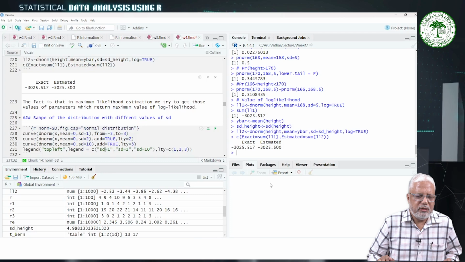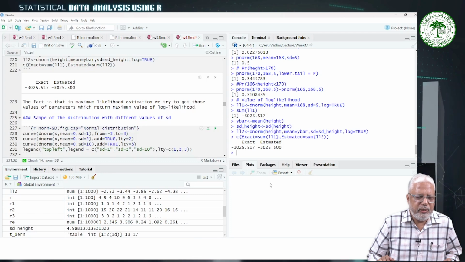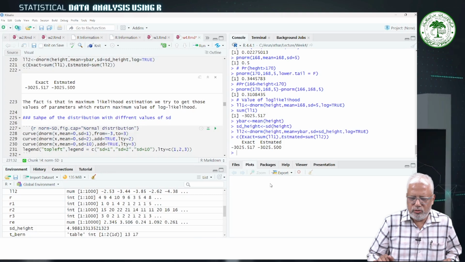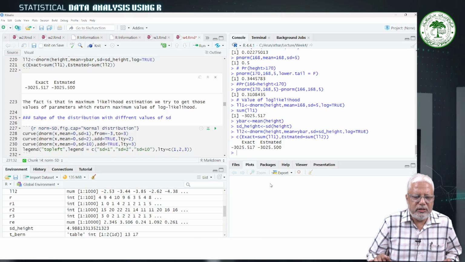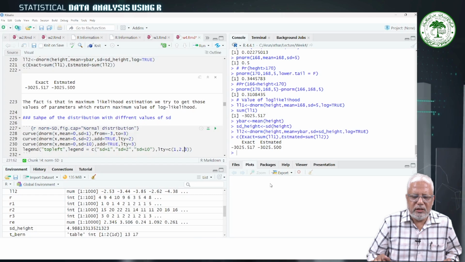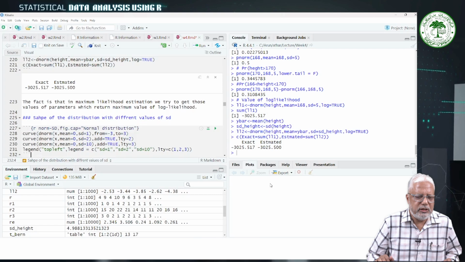And legend, top left stands for top left position. Legend should be there, and what will be in the legend? SD is equal to 1, SD is equal to 2, SD is equal to 10, and line type is equal to first solid line, second dash line, and third is also a dash line with smaller dashes.